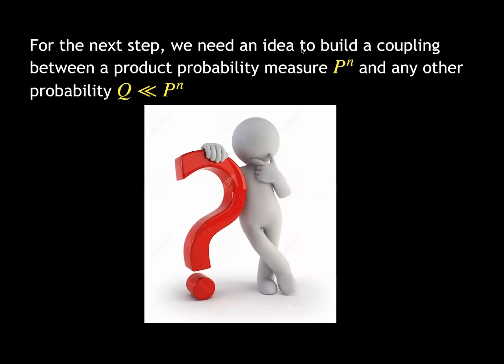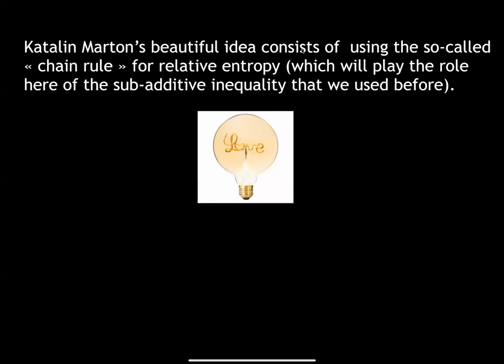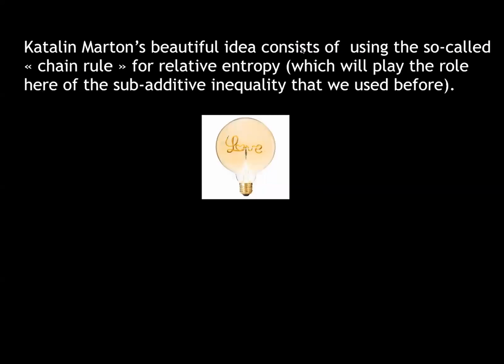And what is this idea? It is a nice idea introduced by Katalin Marton, which consists of using the chain rule for relative entropy in order to build a coupling in dimension n, starting from a coupling in dimension 1.